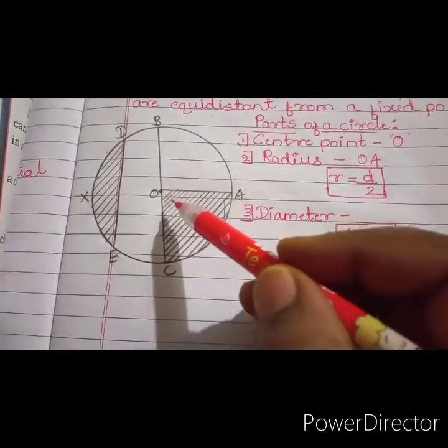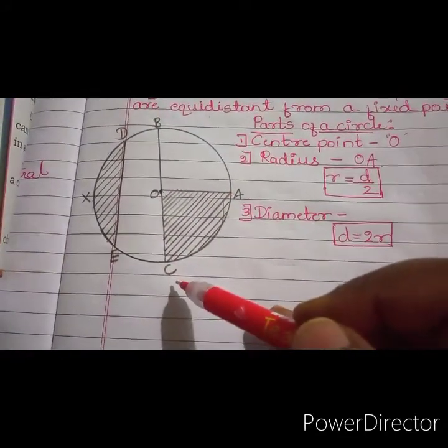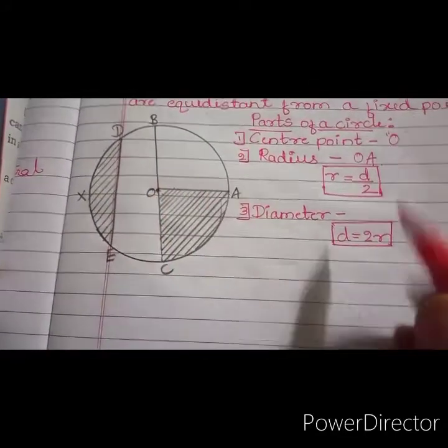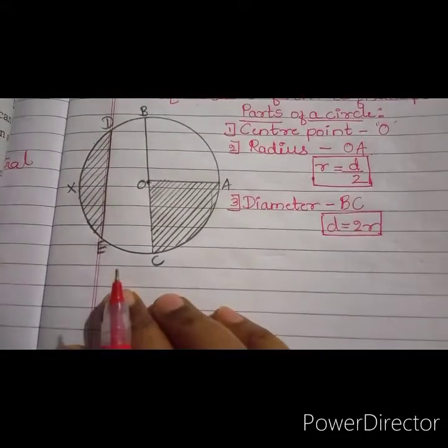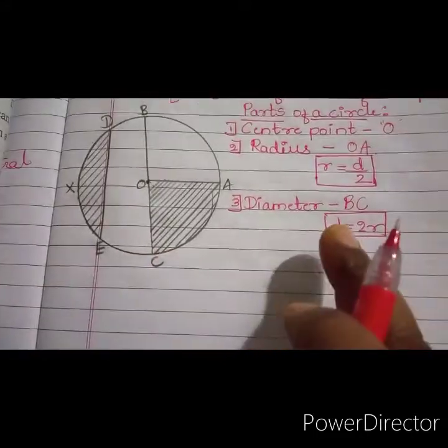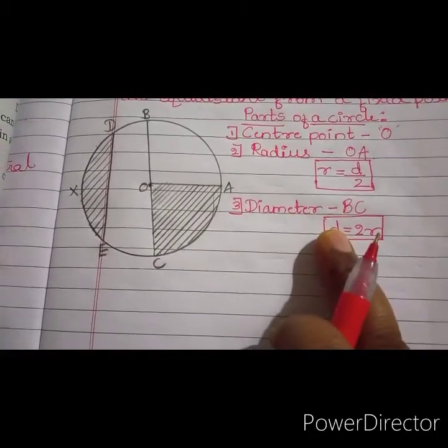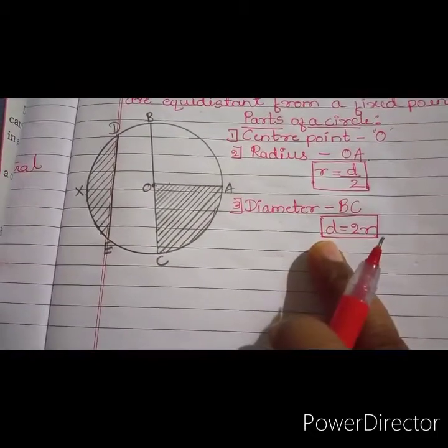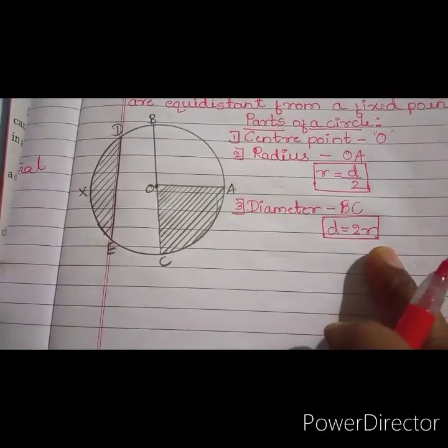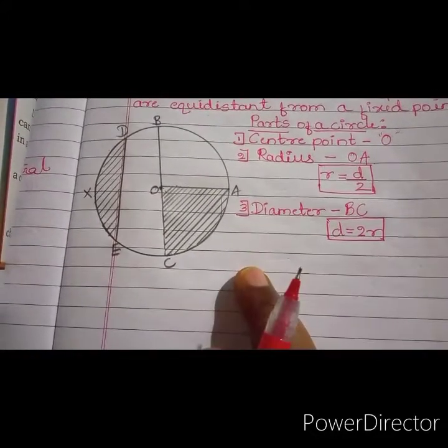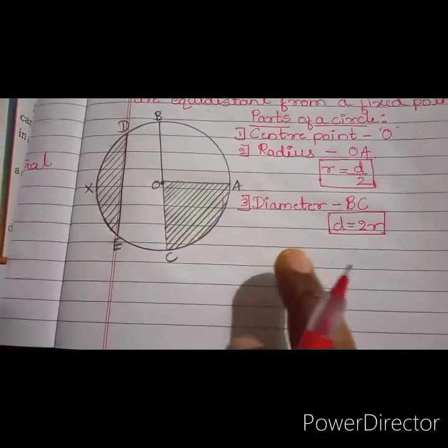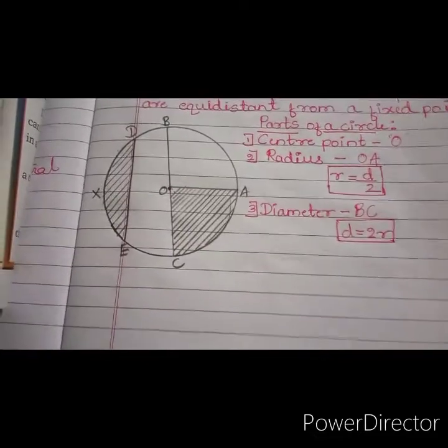So diameter must pass through the center of the circle. So from the figure, BC is called diameter of the circle. To find diameter, it is 2 times R, because it is always 2 times the radius. Okay. So this one is very important.